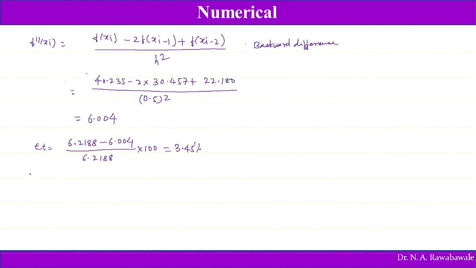Now we go for the center difference formula for the second derivative, f double dash of x. It is f of x i plus 1 minus 2 f of x i plus f of x i minus 1, divided by h square.